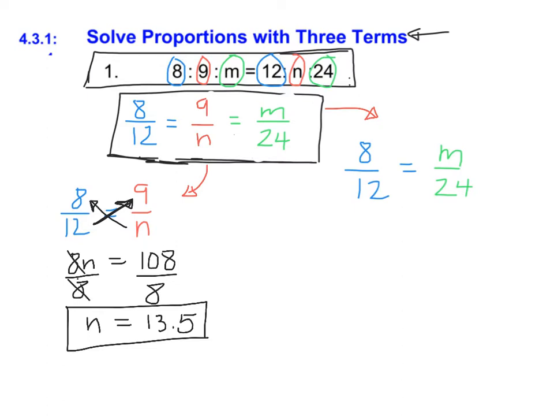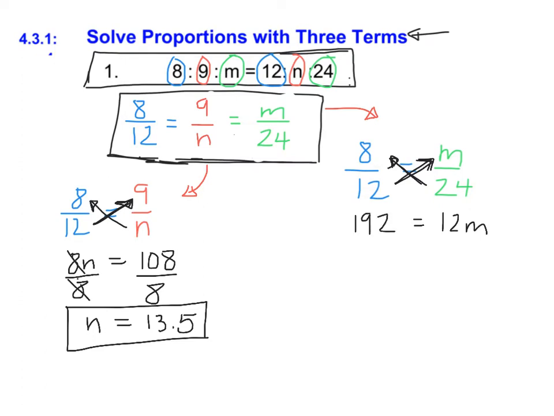Continuing the question over here, 8 over 12 equals m over 24. Again, cross multiplying both numbers, I end up with 12 times m, which is 12m, and 24 times 8, which is 192.